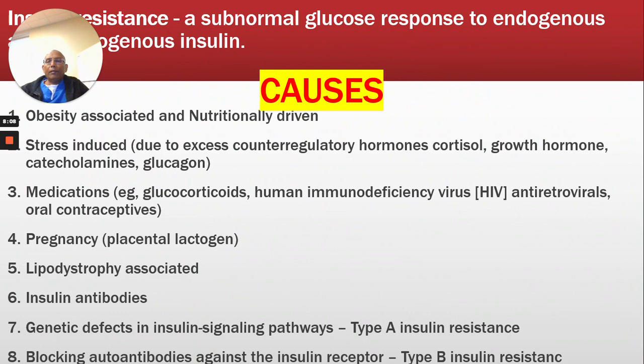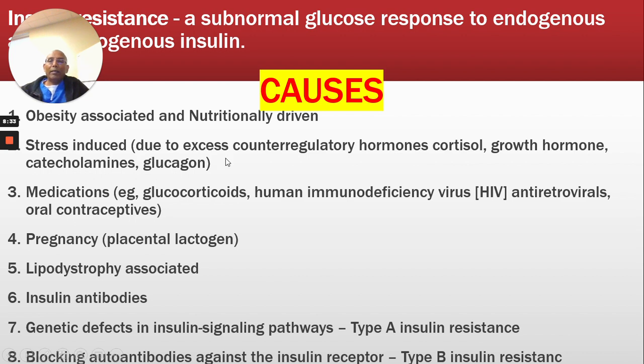Now, to summarize, insulin resistance is nothing but a subnormal glucose response to either endogenous or exogenous insulin. Obesity can cause it. Stress can cause it through the counter-regulatory hormones, which are cortisol, growth hormone, catecholamines, and glucagon.